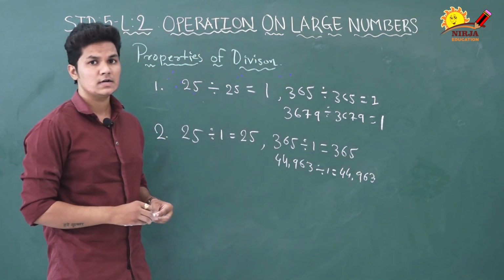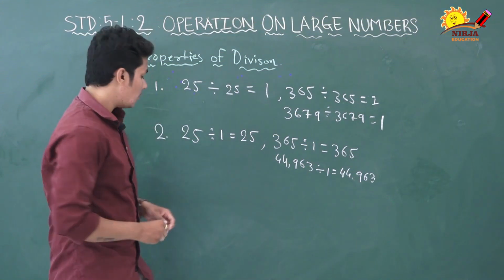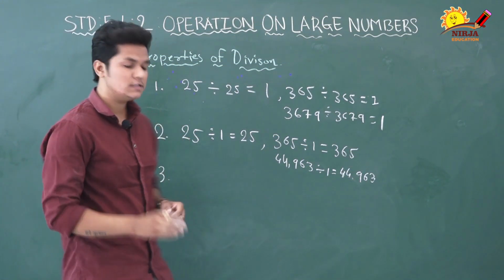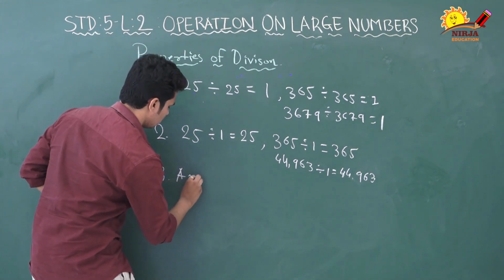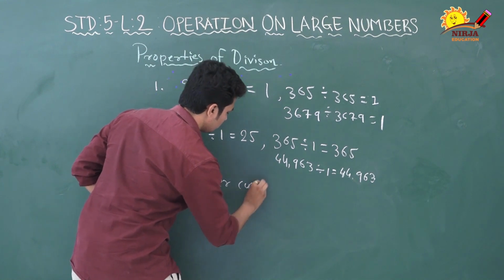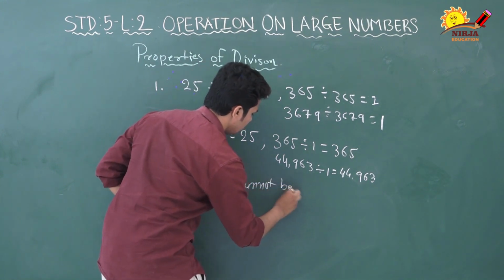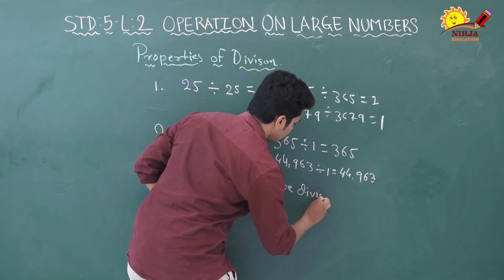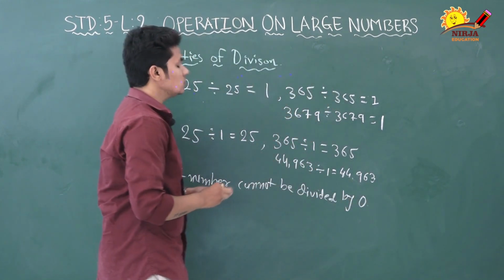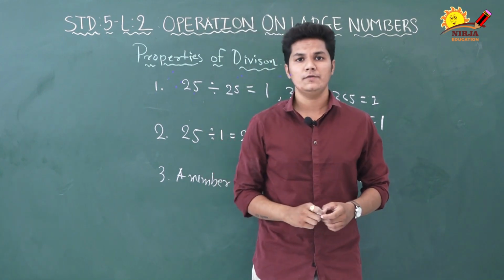So, this is our second property. Our third property is a number cannot be divided by 0. So, these are the properties of division.